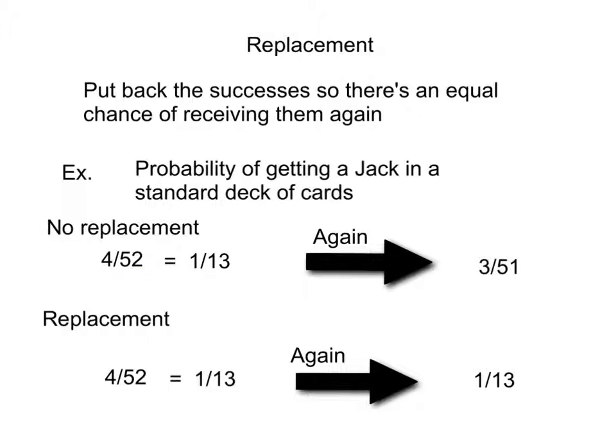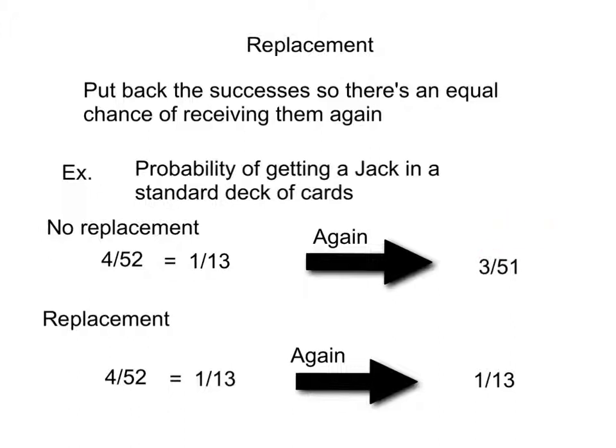Since there are 4 jacks in a standard deck of 52 cards, the probability of getting a jack is 1 out of 13. If we try to pull a jack again and we don't put back the jack, it's going to be 3 out of 51, because we're taking out 1 card and 1 jack.